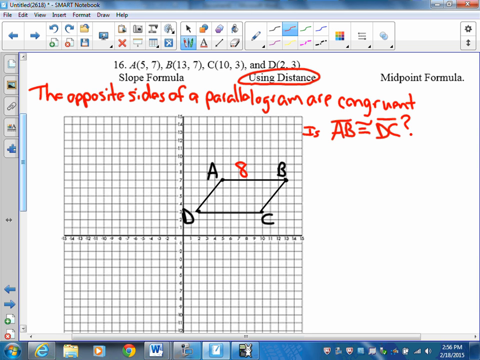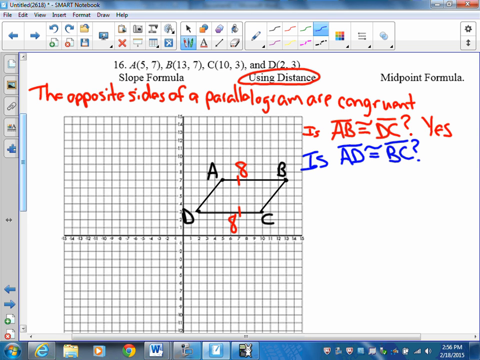So it's 8, and DC is 1, 2, 3, 4, 5, 6, 7, 8. So the opposite sides are congruent there. So is AB congruent to DC? Yes. The other thing we need to answer is, is AD congruent to BC?